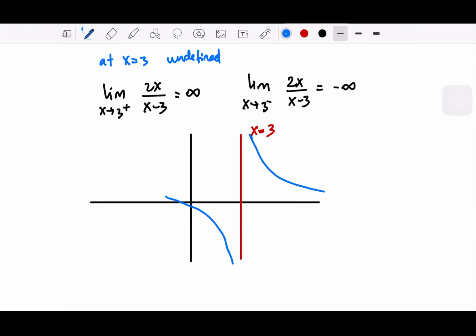But in terms of the limit itself, whether its limit at 3 exists or not, it doesn't exist. Maybe I can write here that the limit itself doesn't exist, because of the difference between the right-hand limit and the left-hand limit, right?